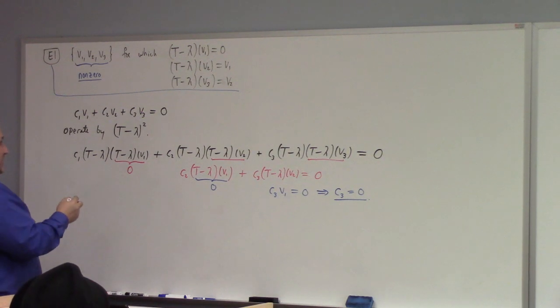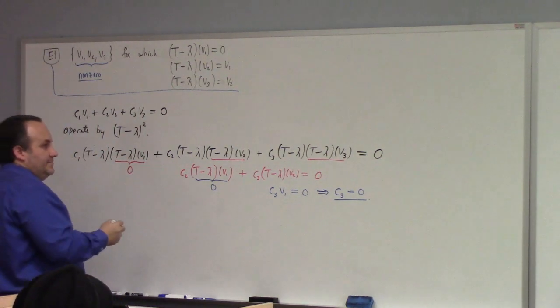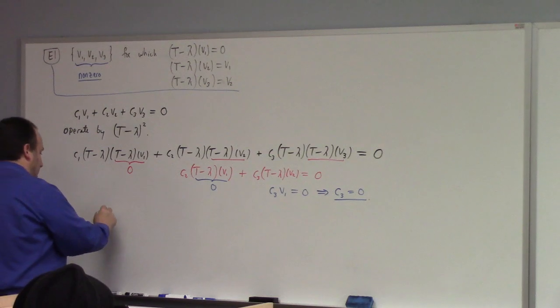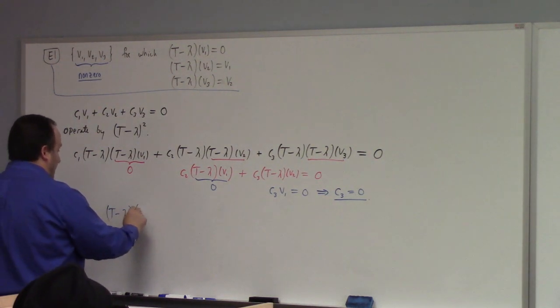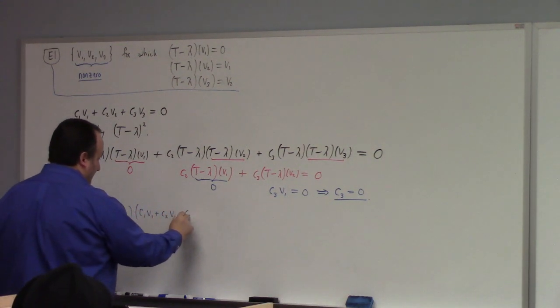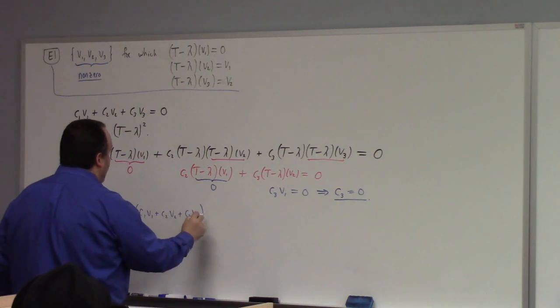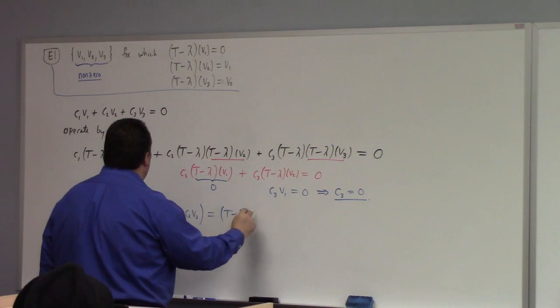Exactly. So instead of doing (T minus lambda) squared, rats, we can do (T minus lambda) acting on, I'm going to do it this way this time, guys, for a change of pace. Of course, what should I do even before I do anything else?